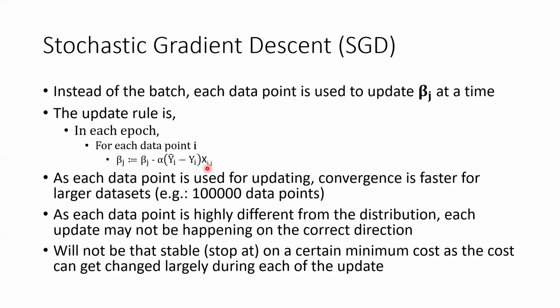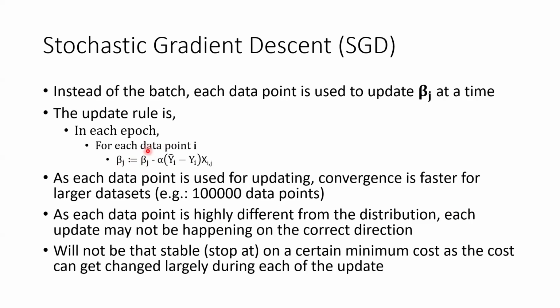But when you are updating these beta values for each of the data points, because these data points can be highly different from the total distribution, the updates may actually move away from the optimum point temporarily, right?